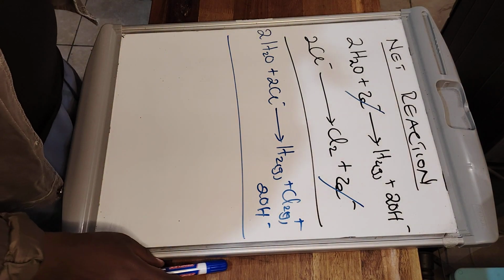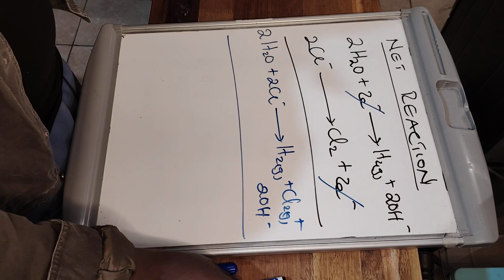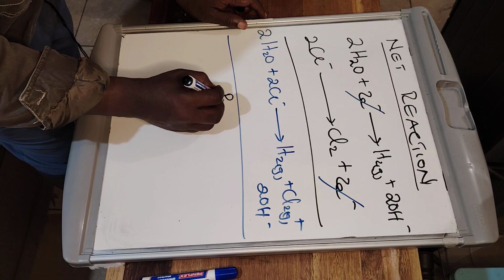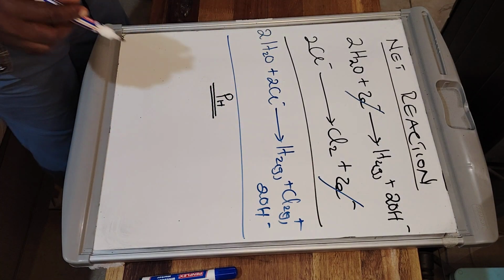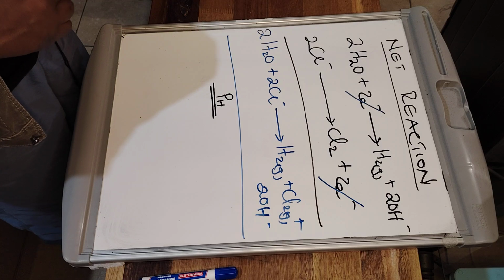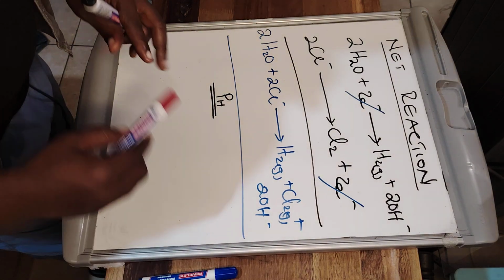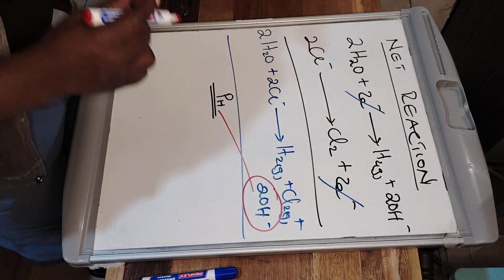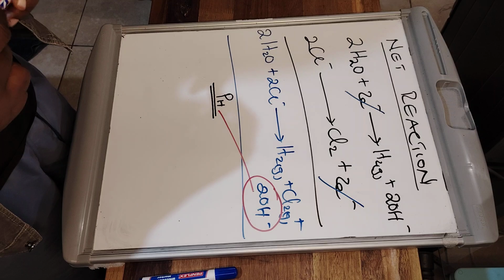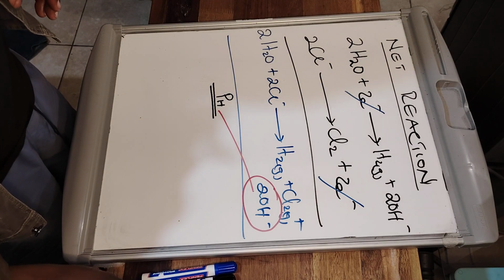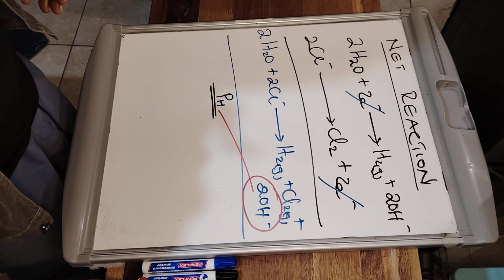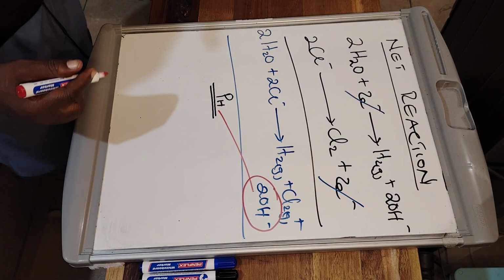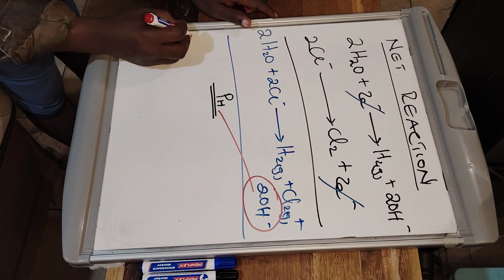Now, this net has something to say. Let us talk about the pH of the medium. When this reaction proceeds, something important happens. I want you to take note of this: the accumulation of hydroxide ions. The hydroxide ions have a very big implication on the pH. They make the medium basic. So what will happen to the pH?